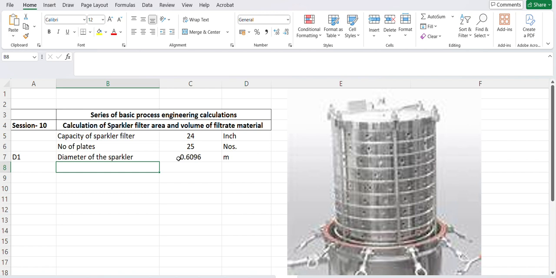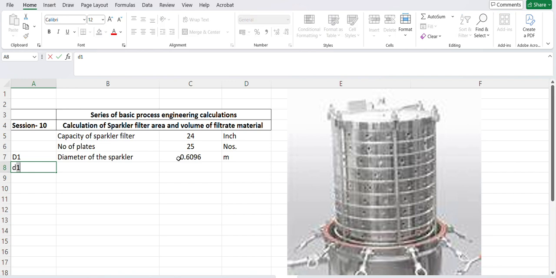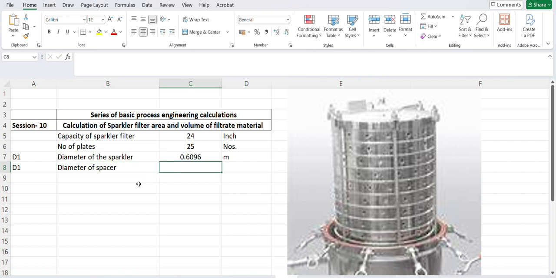Then we have to note down data like the diameter of the spacer plates. If you check, there is a spacer in between the filtration plates. The diameter of the spacer here is 5 centimeter, so we can simply convert that to meters.